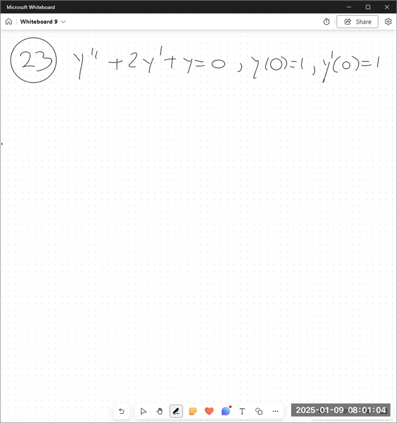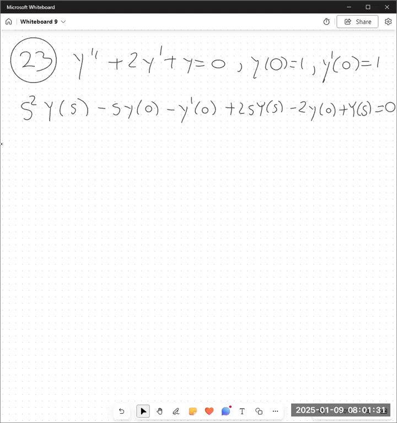That gives me s squared capital Y of s minus s y of 0 minus y prime of 0 plus 2s capital Y of s minus 2 y of 0 plus capital Y of s is equal to 0.